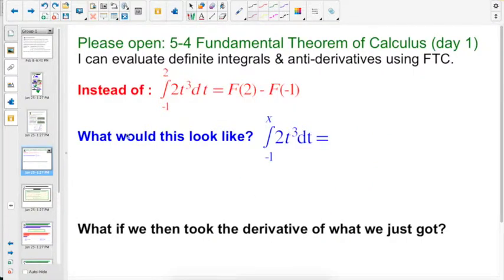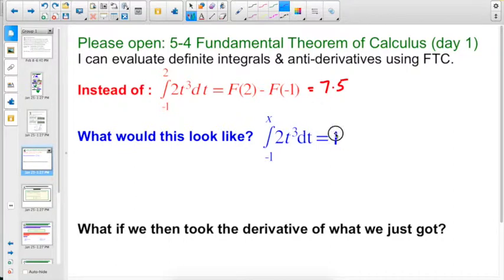I want to get into what happens if we start modifying these upper and lower bounds here. So here's what we originally started with, this antiderivative that we've been talking about for the last 2 pages ends up being 7.5. So how would this change if we took the upper bound and replaced it with an x? So now we're looking at evaluating this at x, and subtracting the value of that antiderivative at 1.